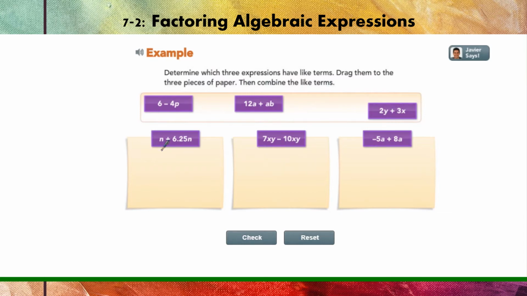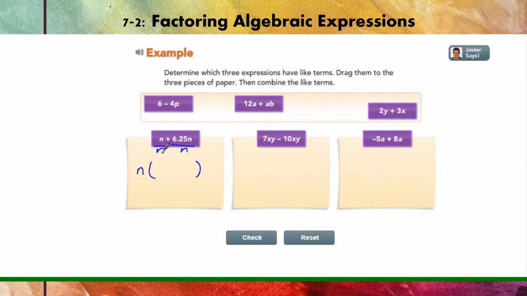Now let's go ahead and work on this first one. We have n plus 6 and 25/100ths n. So you can factor out the greatest common factor, which is n. And then you have to figure out what's going to be left inside of the parentheses. Now we just worked on that. You divide each term by the greatest common factor.